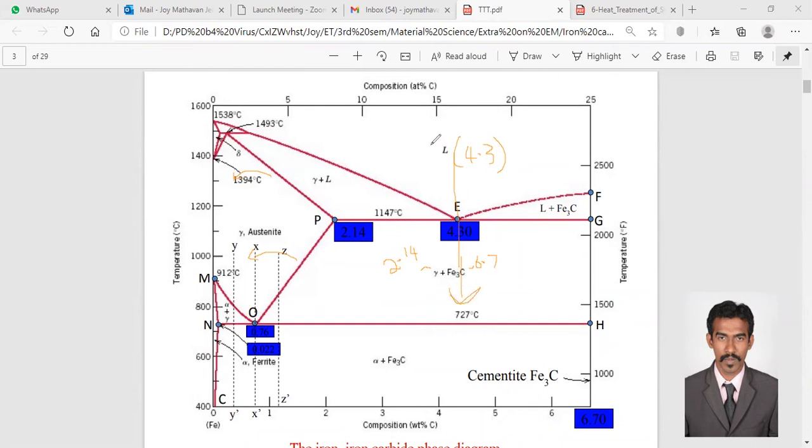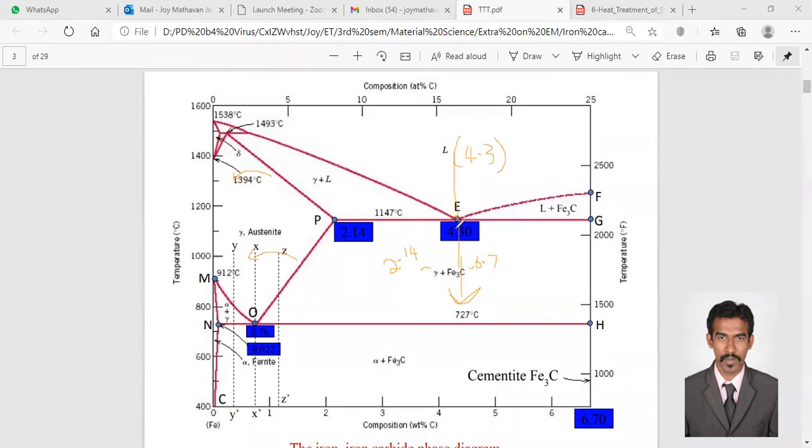Liquid iron having 4.3% of carbon. So at this point, what is happening? We are looking at this reaction. Slightly above this point, somewhere here, the component is liquid iron with 4.3% carbon.